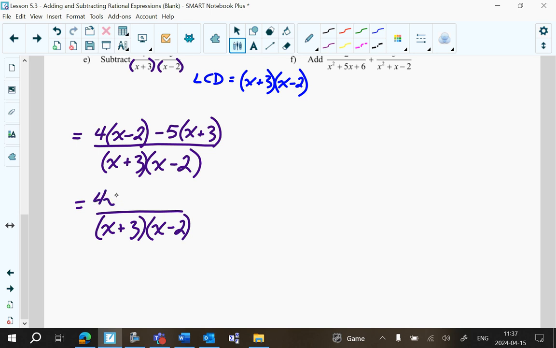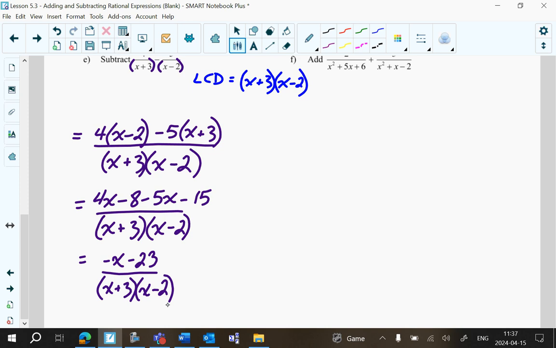And then negative 5x plus 15 minus 15. Collect the x's to make negative x. Collect the numbers to make negative 23. Keep the denominator in factored form. Do not multiply through. There's nothing common up top and on the bottom to cancel out, to reduce. So I'm done.